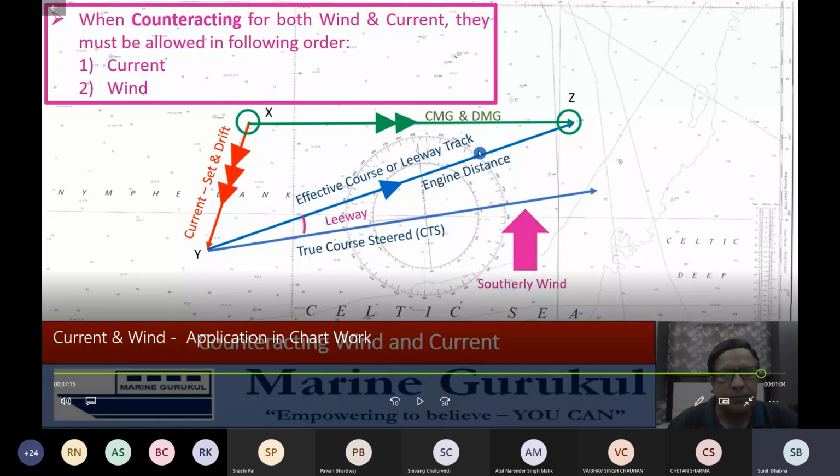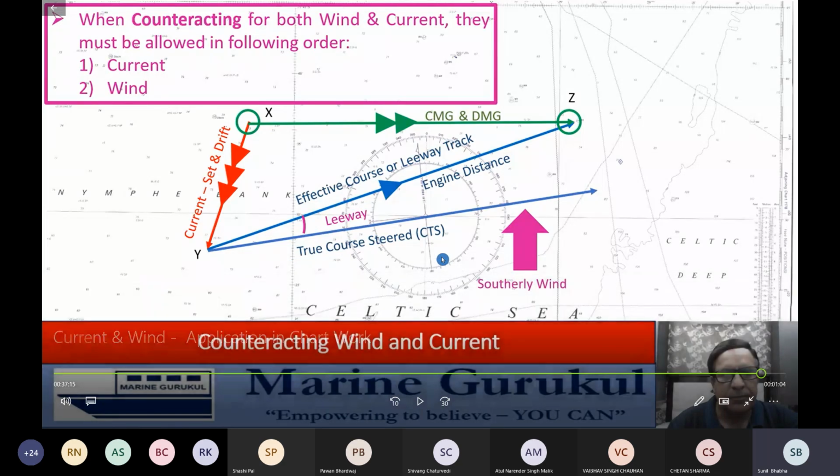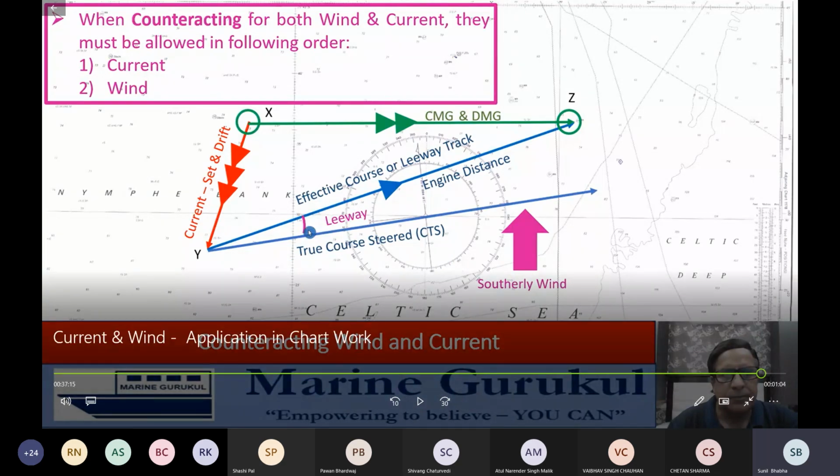We read it out from the chart, write it in our answer sheet, and then add or subtract the leeway angle to get the CTS on our answer sheet only. We usually do not show the leeway angle and the course steered in this particular case, that is in case of the wind. We do not show these two items on the chart.